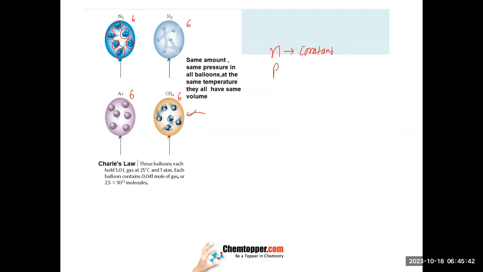What's the pressure outside the balloon? 1 atm, atmospheric pressure, if I take it at sea level. So what's the pressure inside in all of them? 1 atm. So pressure is constant, right? So amount is constant, pressure is constant. And if the temperature is also constant, what will happen to the volume of each balloon? Same, isn't it?